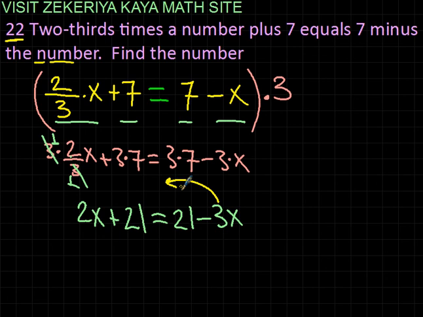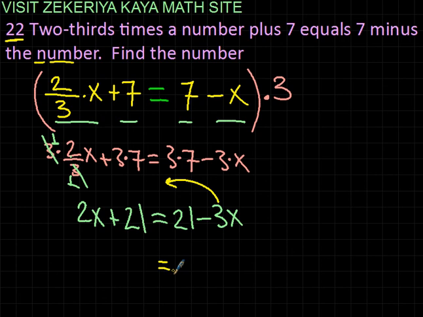We always move the smaller x value to the other side. So the smaller x value is on the right side. That means we are going to collect the x values on the left side. So the x values will be on the left. That's why the number should be on the right side.